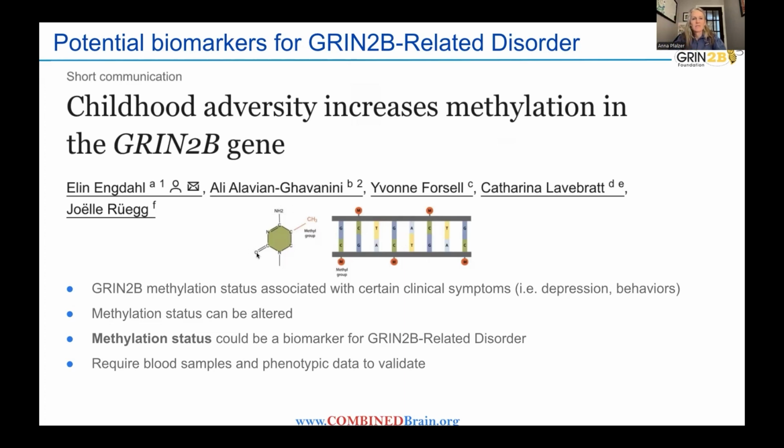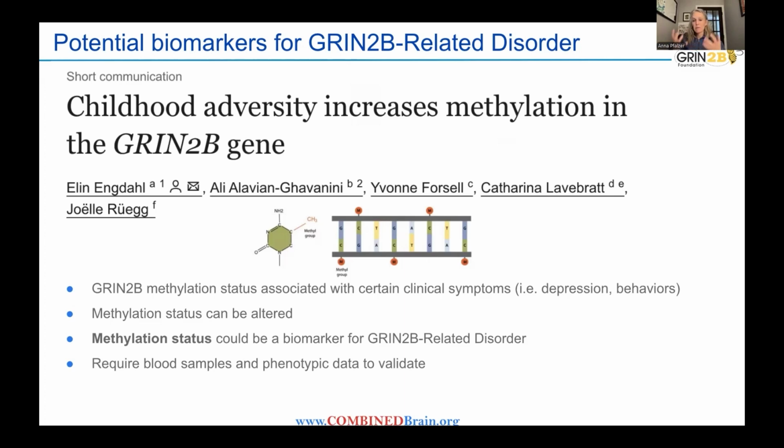In fact, this is a zoomed-in version of what this looks like. Basically, these M's right here represent small chemical modifications that can change the way DNA is wrapped or folded or exposed, etc. And those subsequently change how much of a gene is made or how little a gene is made.